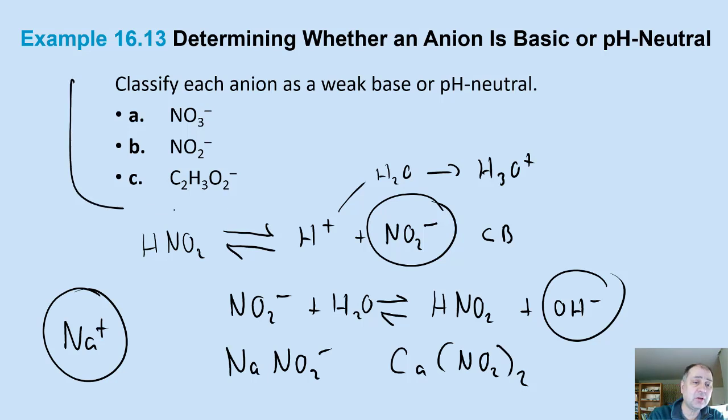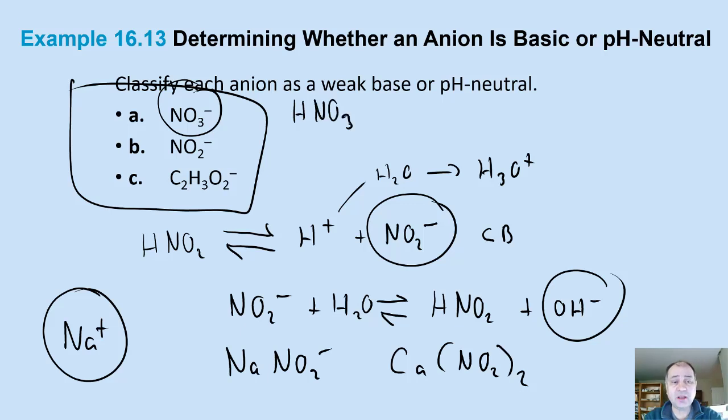But you might have to look at some of these ions here and then decide if they're either acidic or basic in solution. So nitrate here comes from nitric acid, HNO3. It is not weak, and so it's going to be a pH neutral ion.